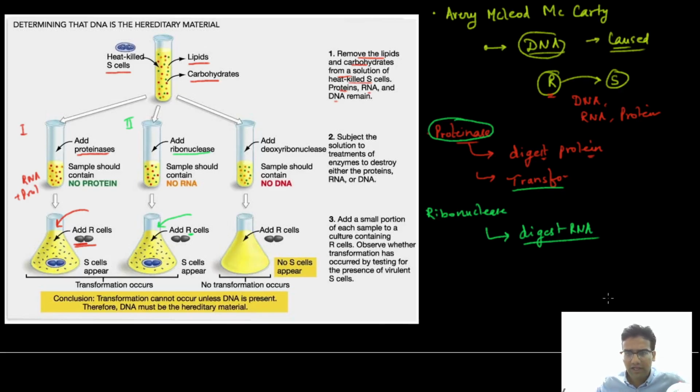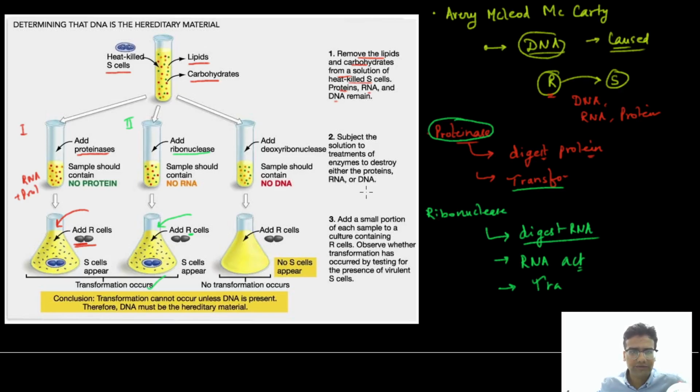If RNA acts as genetic material, there should be no transformation. But when he did this experiment, the transformation was there. That means protein and RNA do not cause transformation.